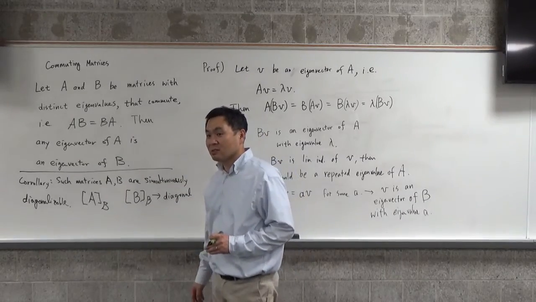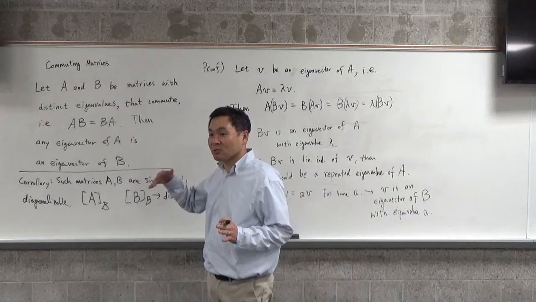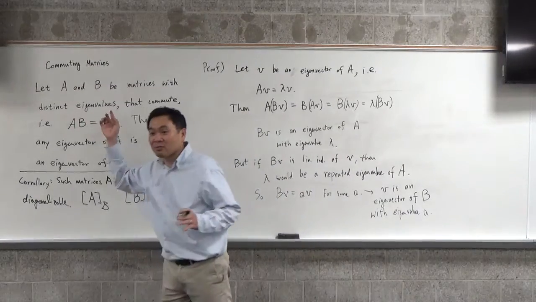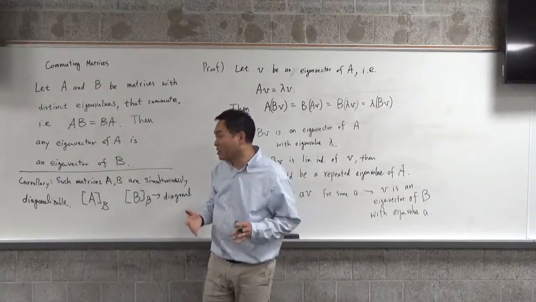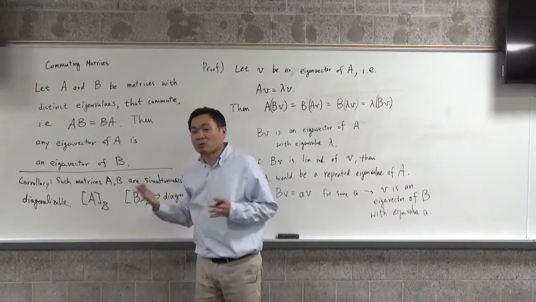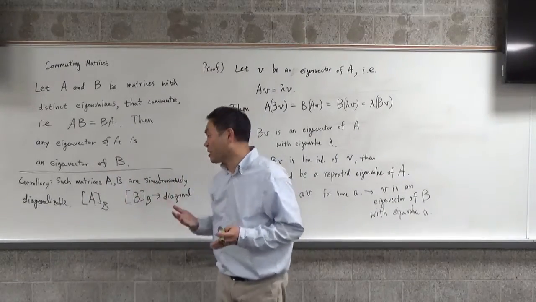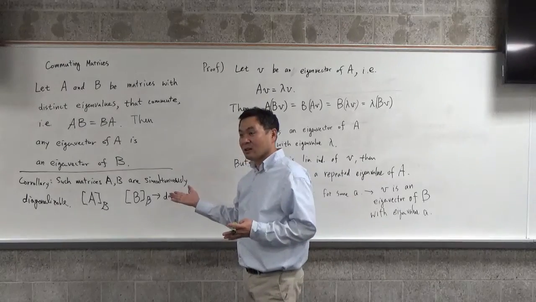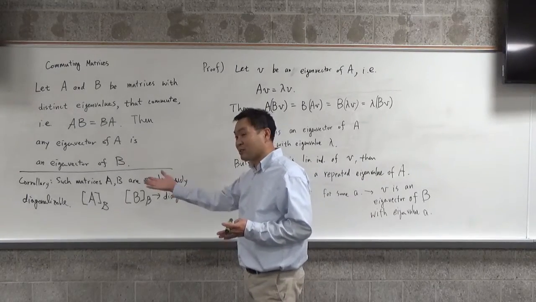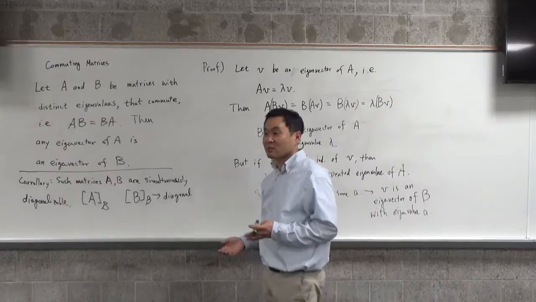Right? If they share the same eigenvectors, and if it has distinct eigenvalues, then you have bases of eigenvectors, and with respect to that basis, both of them will look like a diagonal matrix. Okay? That's what it means.